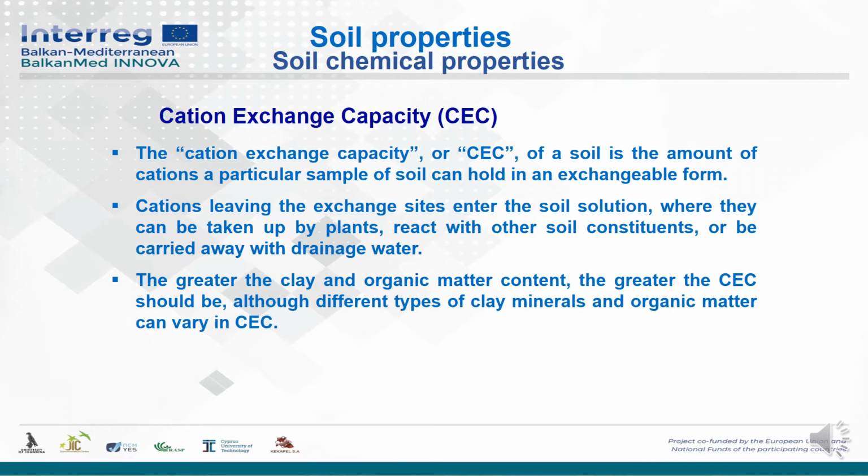One important soil chemical property is cation exchange capacity. The cation exchange capacity of the soil is the amount of cations that a particular sample of soil can hold in an exchangeable form.